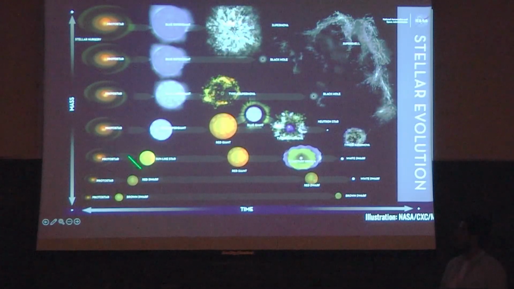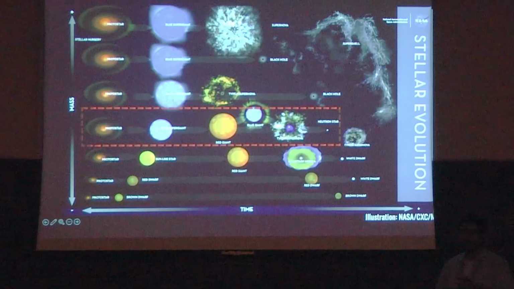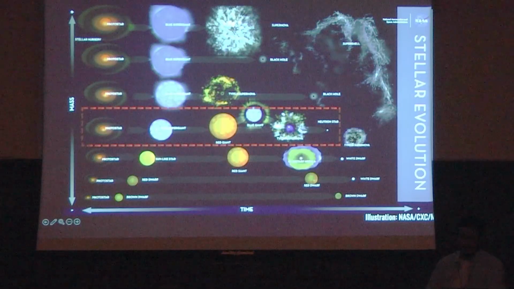But as you go higher and higher in mass, up to the point where you're maybe about 8 to 10 times the mass of the sun, you'll end your life as either a black hole or what's known as a neutron star. So spider pulsars are a subset of neutron stars that I will get into in a little bit.